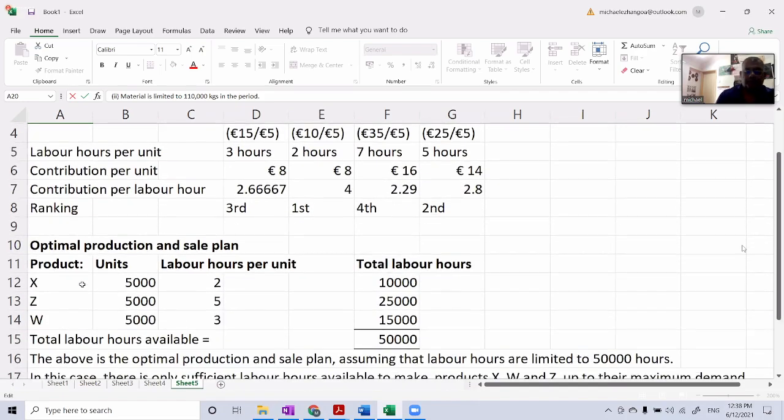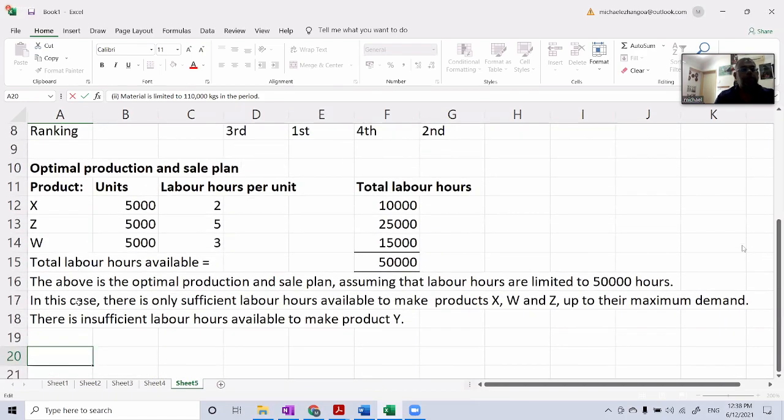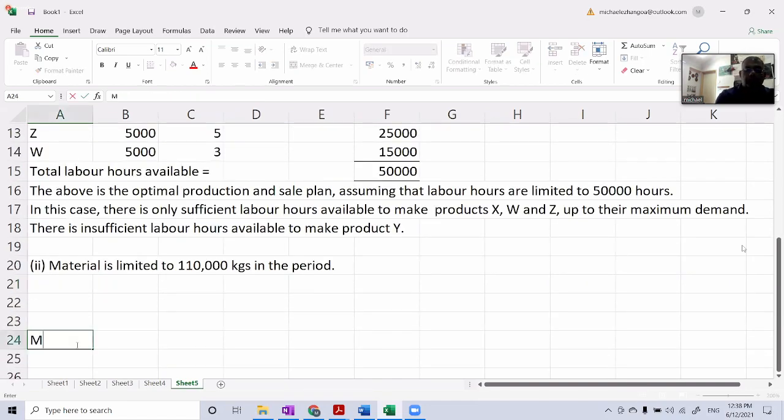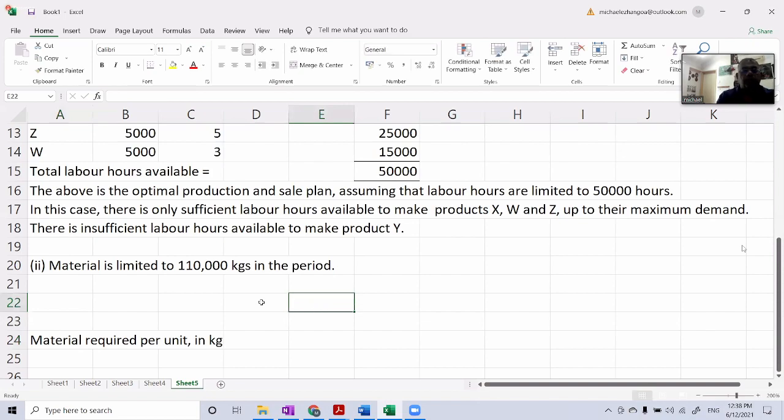We have product. Next one is workings. Material required per unit in kilograms. So we have W, X, Y, and Z. Product.